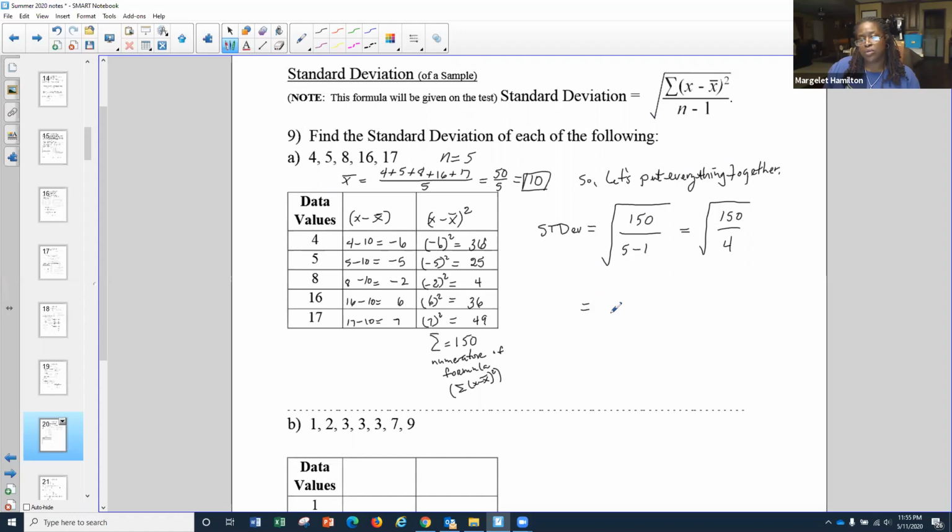Then equals the square root of 37.5. Okay. So now, this right here is our exact answer. This right here.